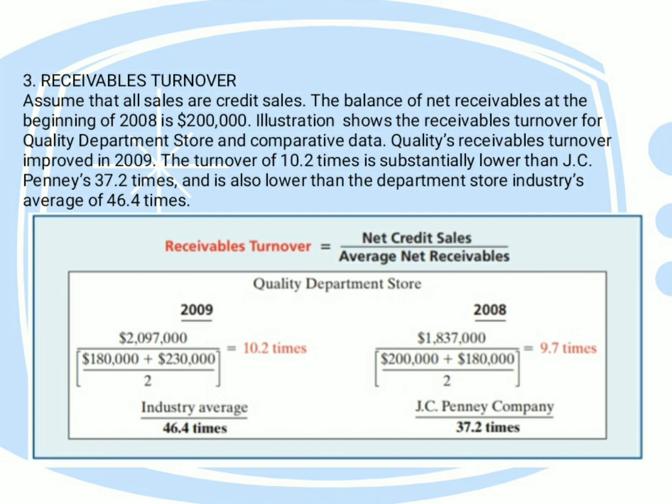Receivables turnover. Assume that all sales are credit sales. The balance of net receivables at the beginning of 2008 is $2,100. The illustration shows the receivables turnover for Quality Department Store and comparative data. Quality's receivables turnover improved in 2009.